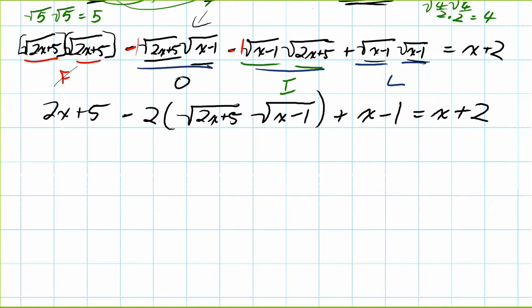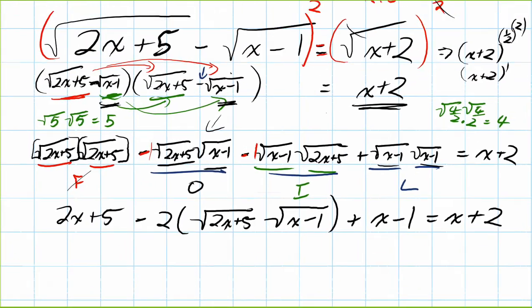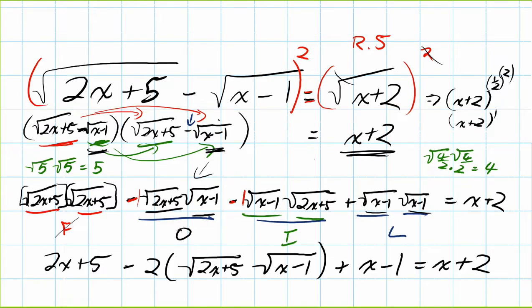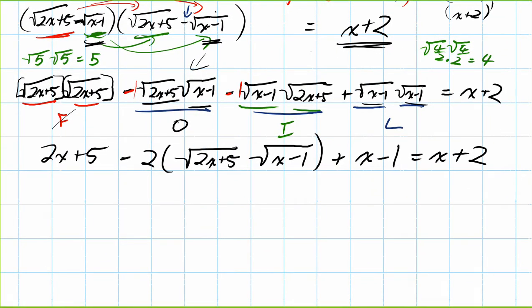So in this case here, we have our 2x, we have an x. Let me just make sure we didn't miss anything here. Yeah, that's right. I'm going to keep this -2 in the set of brackets on the left side of the equation.